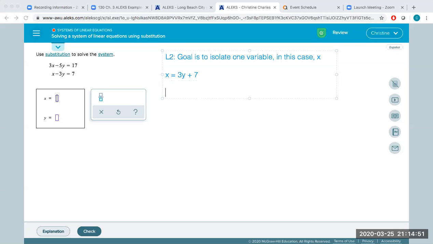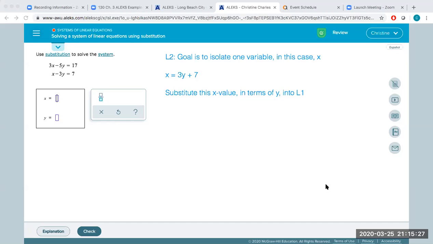Now what I'm going to do is substitute this x value in terms of y into the first equation for line 1. Okay, so hopefully you're seeing, x is x for both of these equations. y is y for both of these equations, okay? So since I have an equivalency from line 2 of what x is equivalent to, I can go back and plug that into my line 1.